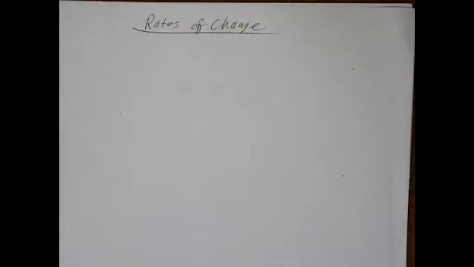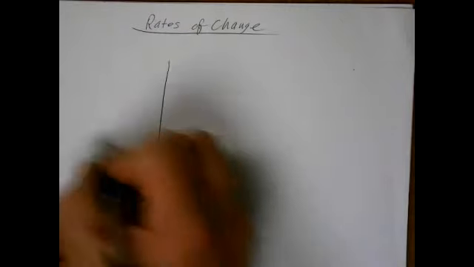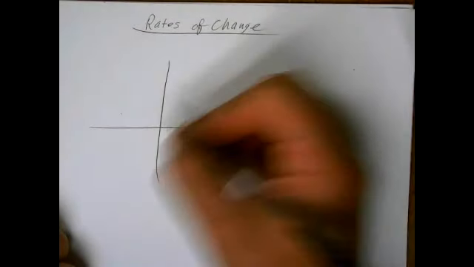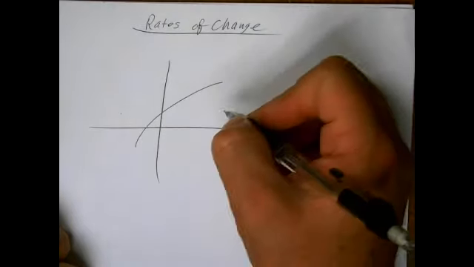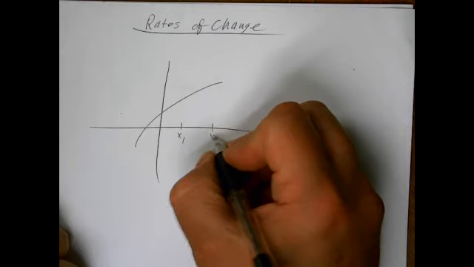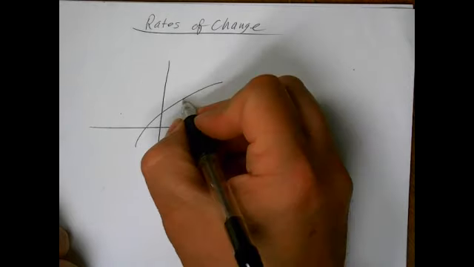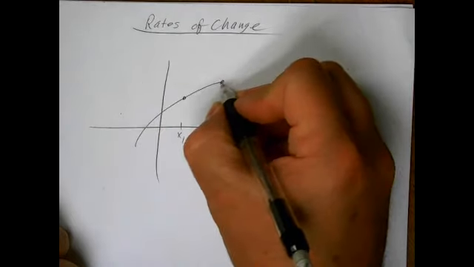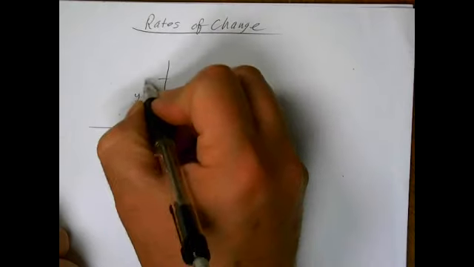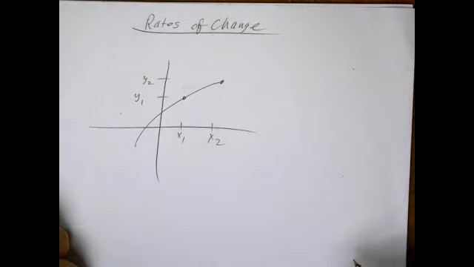But first, a reminder. Remember that if you have something that is undergoing some sort of change, for example, if you're graphing, I don't know, motion perhaps, and you had a couple of x values, an x1 and an x2, a couple of ordered pairs associated with them, and with those, you're going to have a y1 and a y2.